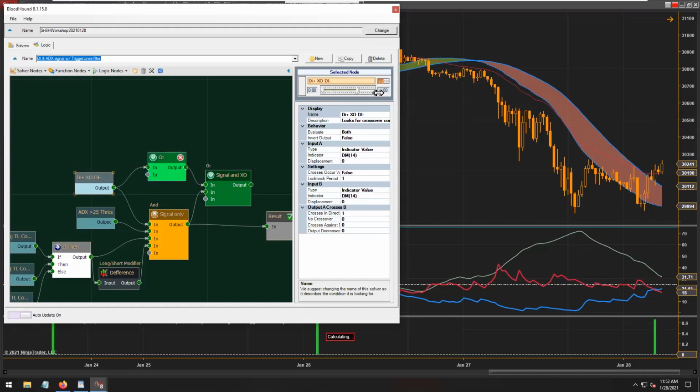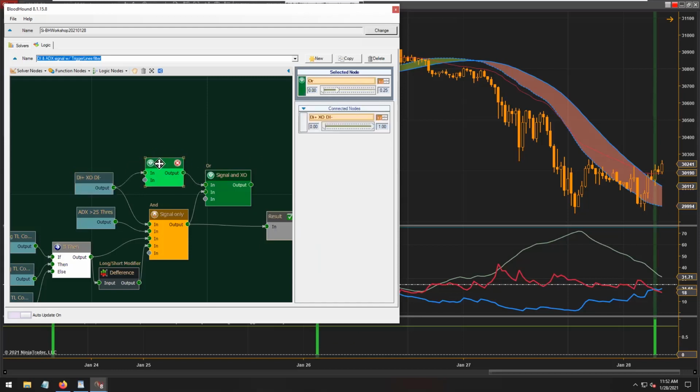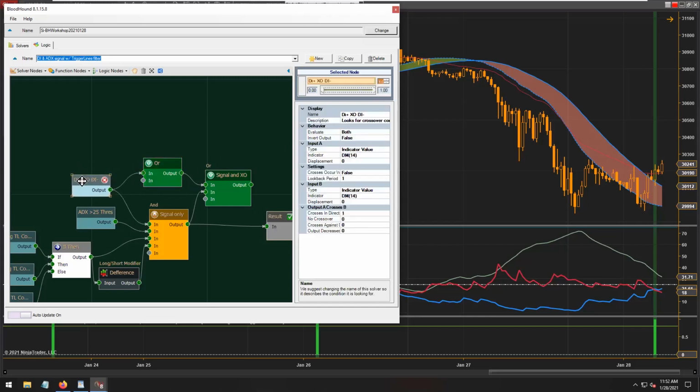So to keep the system intact, I front run it with an OR node. And with this OR node, I can reduce the output, as we can see with the slider. I have the output reduced of this OR node, instead of it actually being the solver.